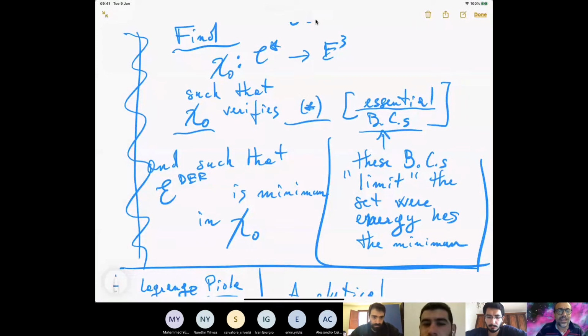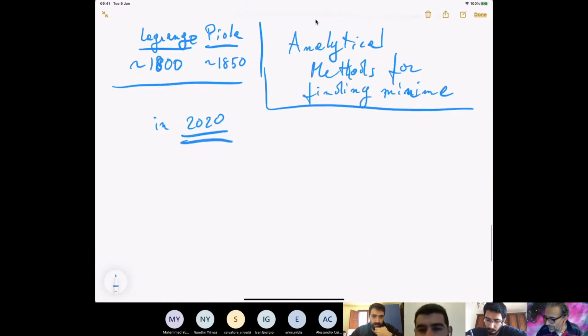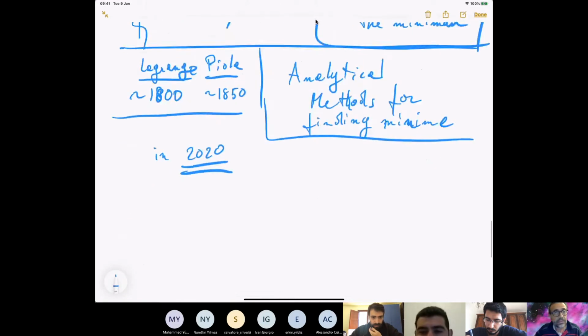And there is already written software which can produce for you the equilibrium placement chi 0. You simply need to tell to the software which is the energy.